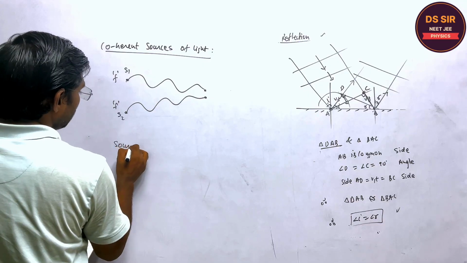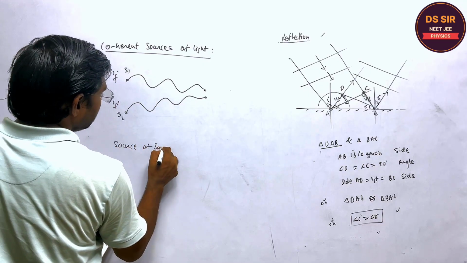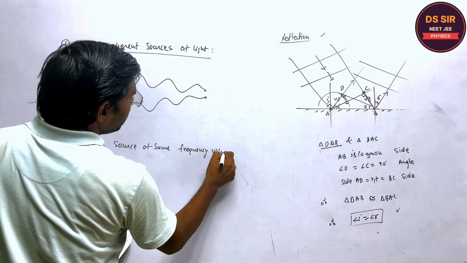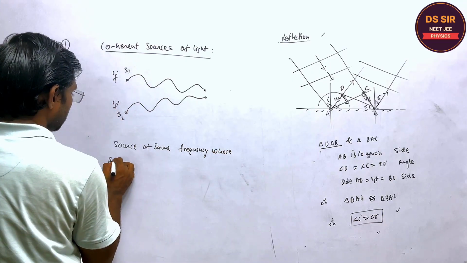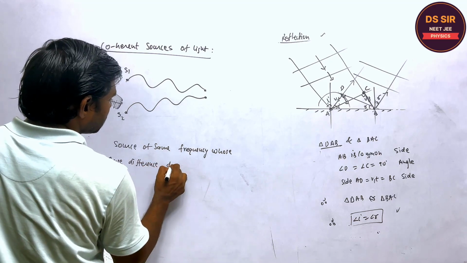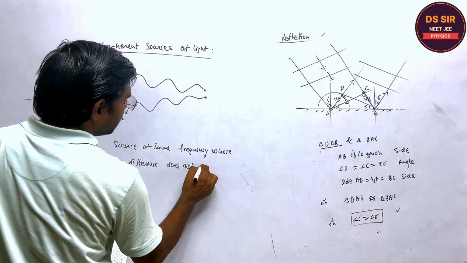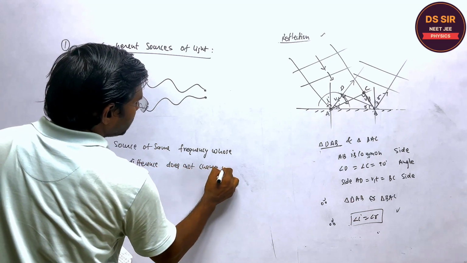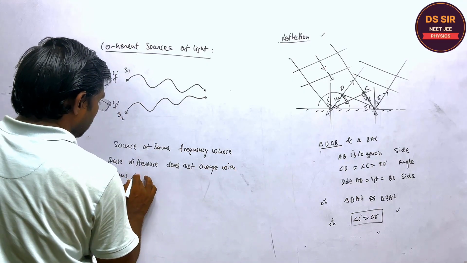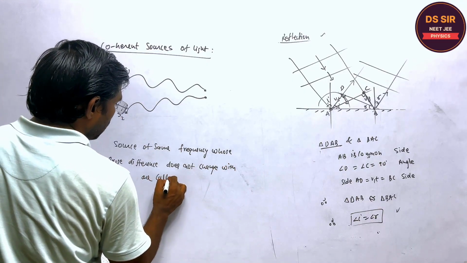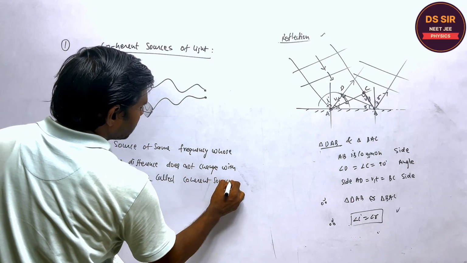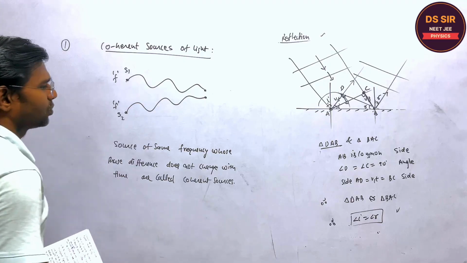Sources of the same frequency, whose phase difference does not change with time, are called coherent sources.